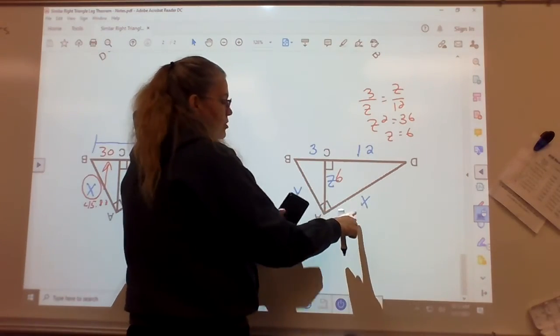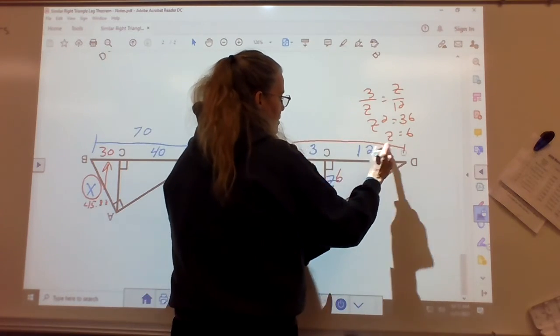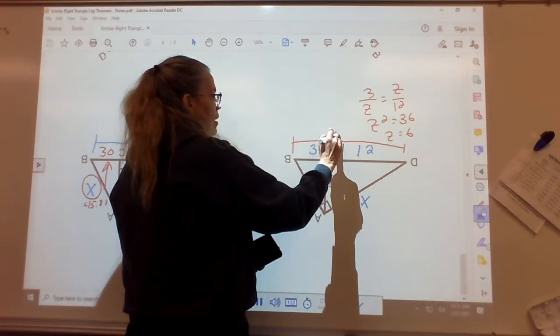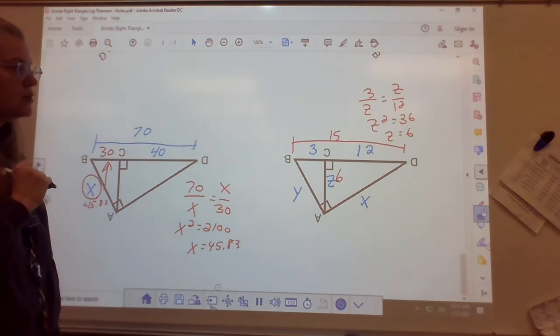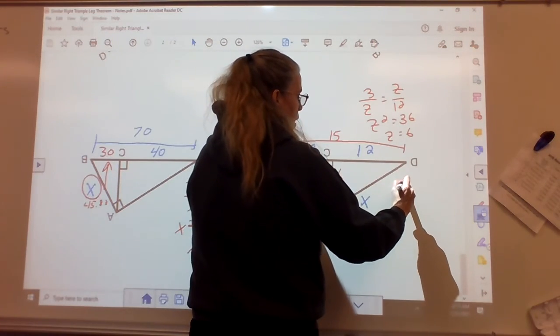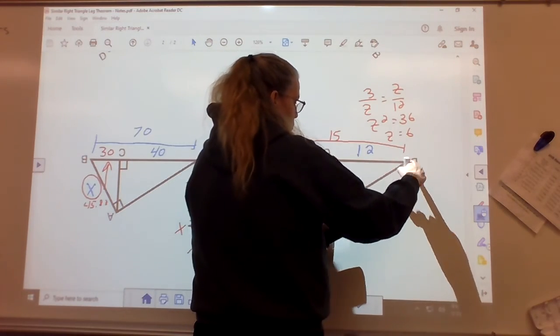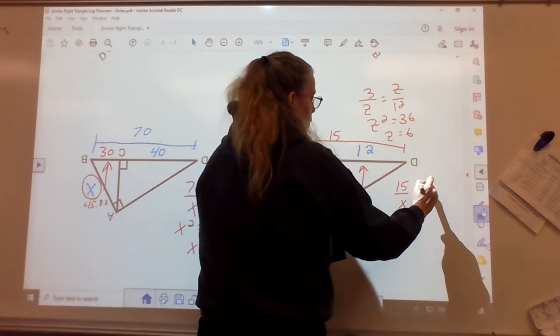Now I've got to find my two corners. Remember, when you're finding your corners, you've got to use the entire segment there, from corner to corner. So 3 plus 12 is 15. So now I do 15 over, let's do x first, x over 12.